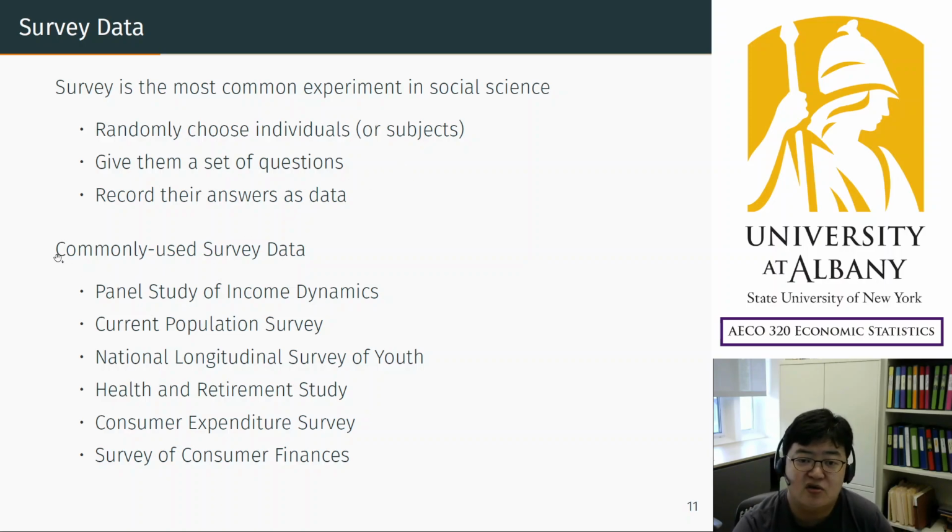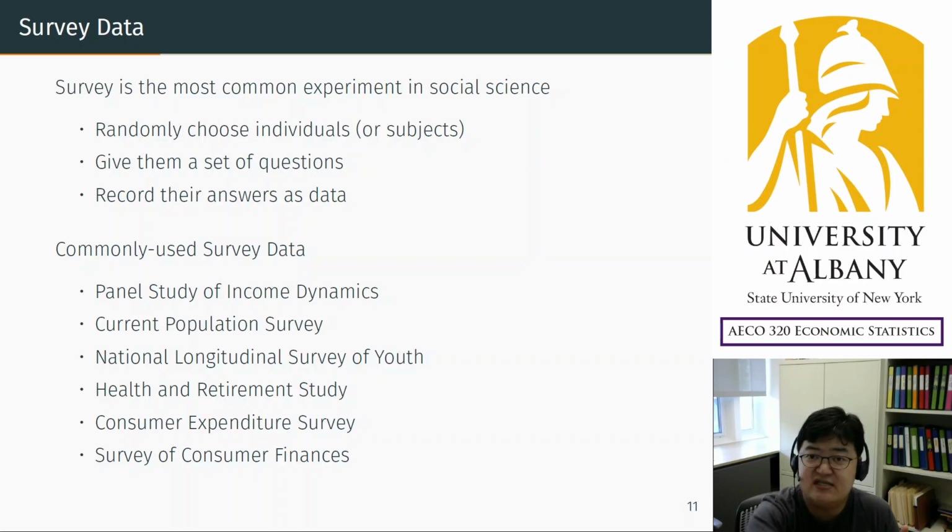Some commonly used survey data include the Panel Study of Income Dynamics, the Current Population Survey, the National Longitudinal Survey of Youth, the Health and Retirement Study, the Consumer Expenditure Survey, and the Survey of Consumer Finances. So maybe you can guess what kind of variables would be included in those data sets, and they are based on surveys.